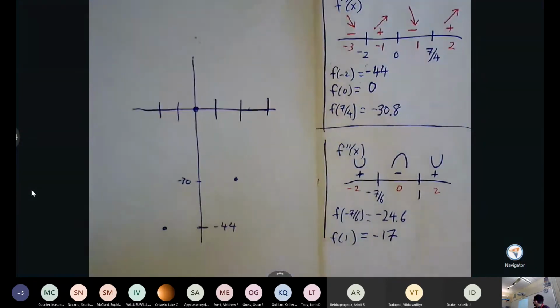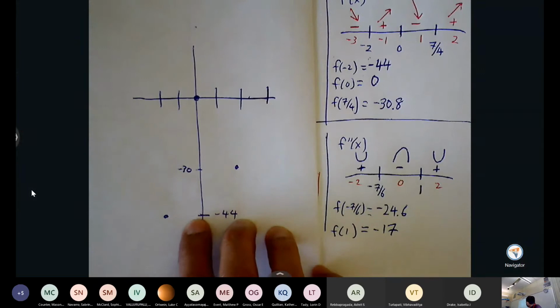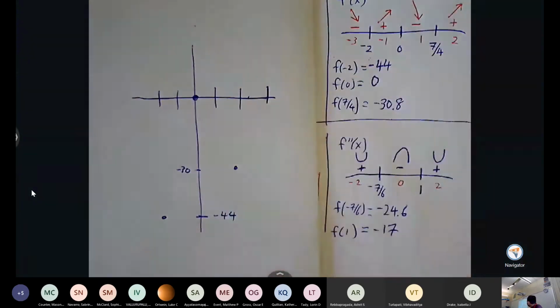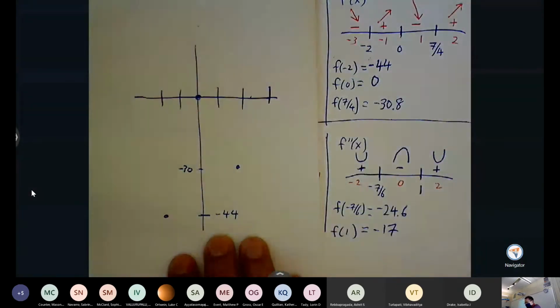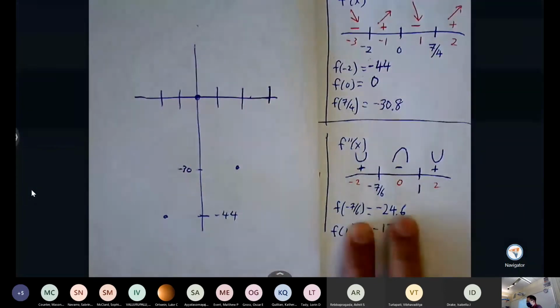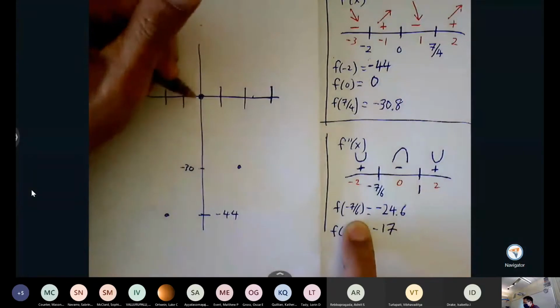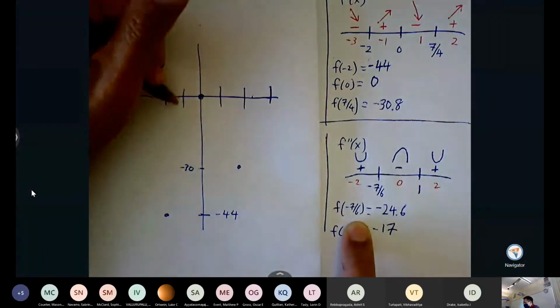Okay, you don't have to do anything to scale, just so we have an idea how the graph's going to look, right? We have our 2 relative mins and 1 relative max. From here, it should be enough for us to, oh, and that we can also plot these points too. -7/6 is -24.6. That's a little past -1.